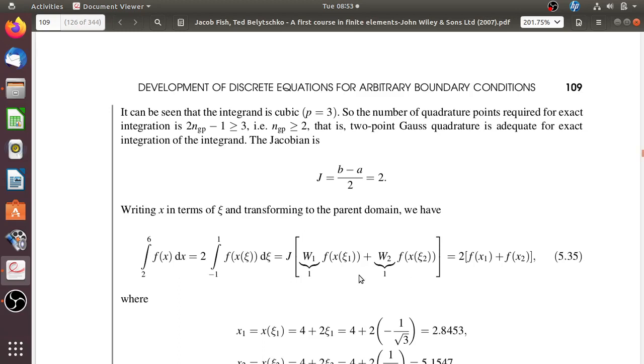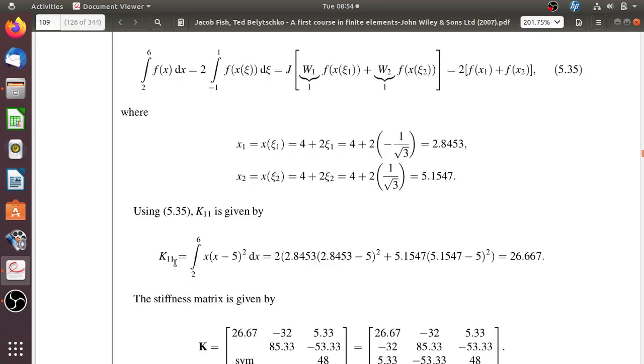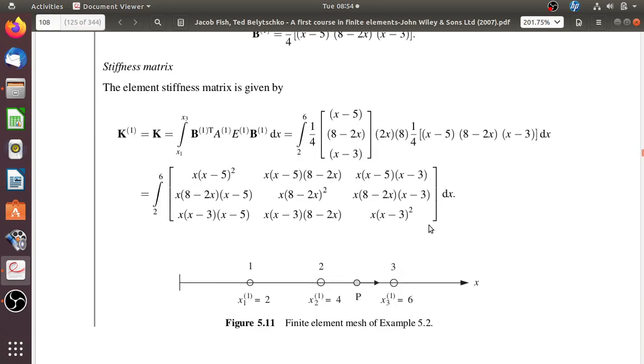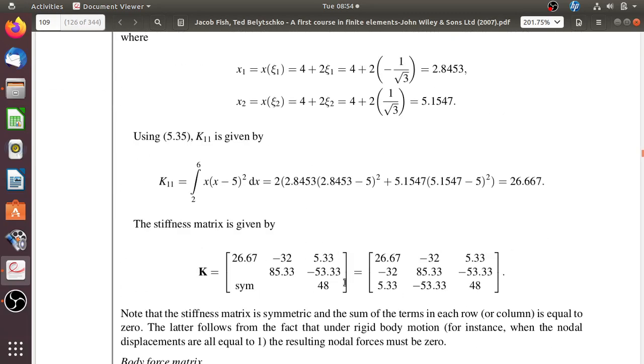If we evaluate this, we will get the value for this integration. If I do that for the first component and proceed with the same procedure for the other components, I will get this matrix.